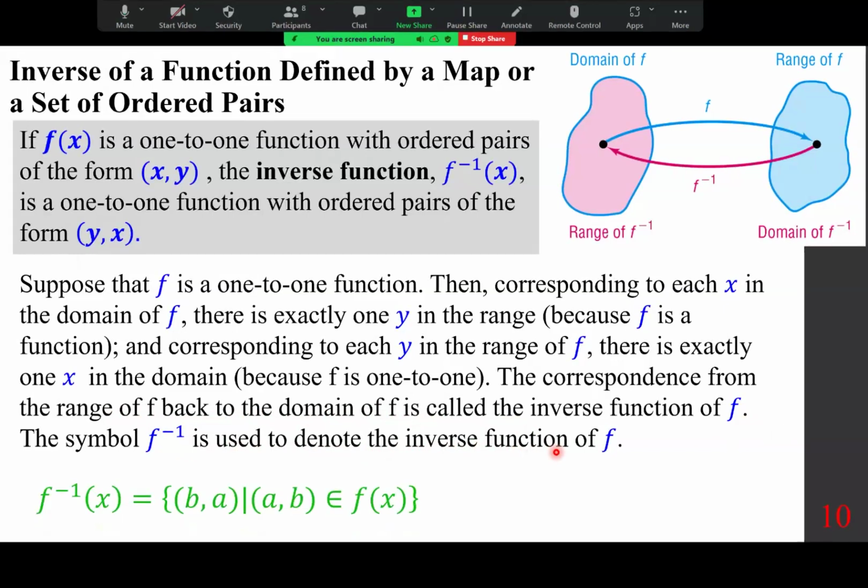In other words, if we want to define f inverse of x with the pair b comma a, such that a comma b is an element of f of x. Again, this is read "such that," and this is read "an element of."